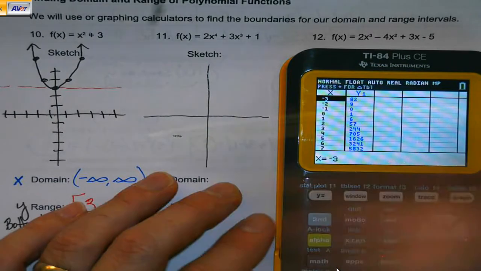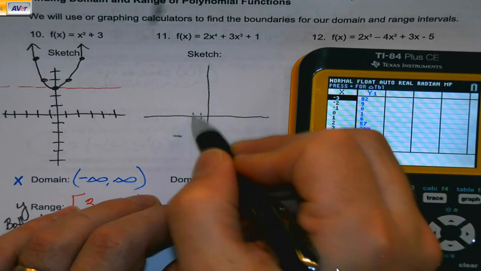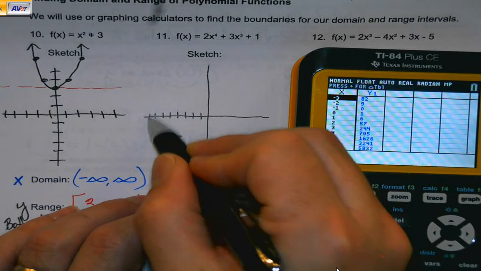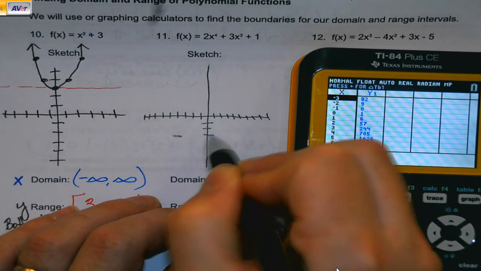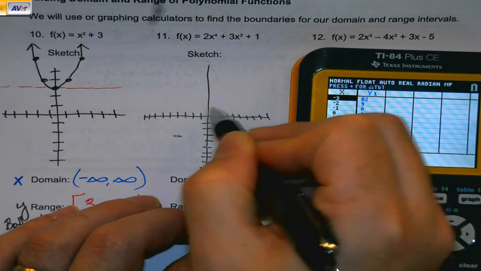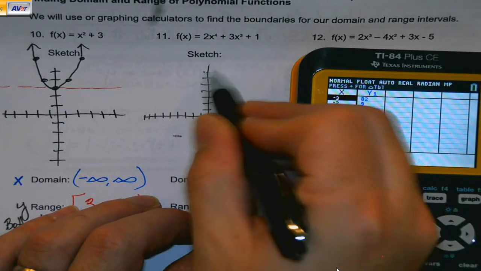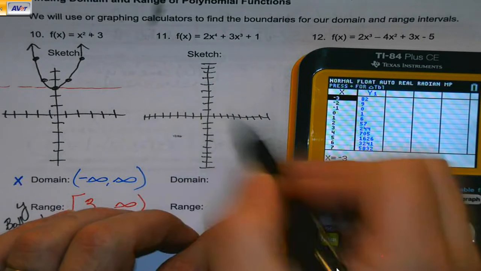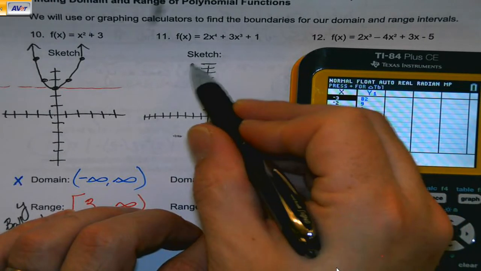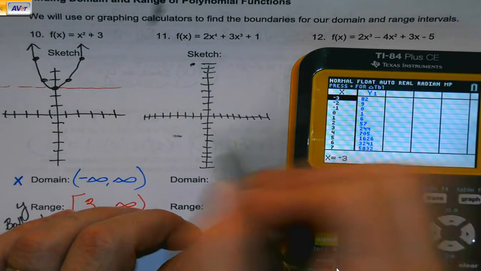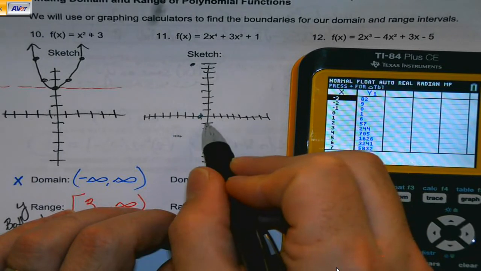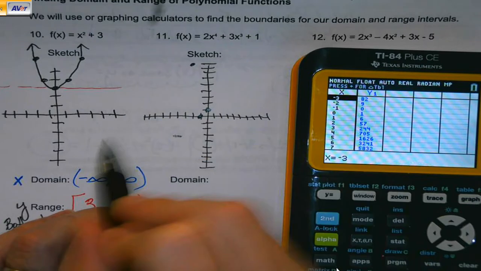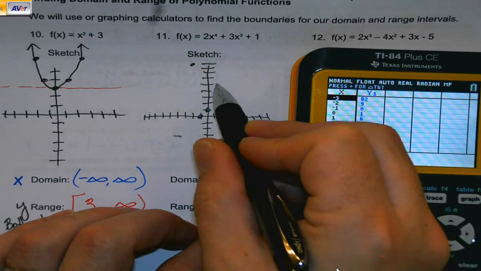Again, it doesn't have to be perfect. So -2, 9. -1, 0. 0, 1. 1, 6.